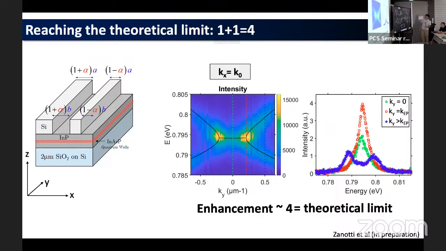So it's something like this. If we solve this Hamiltonian, we end up with this kind of exceptional points.